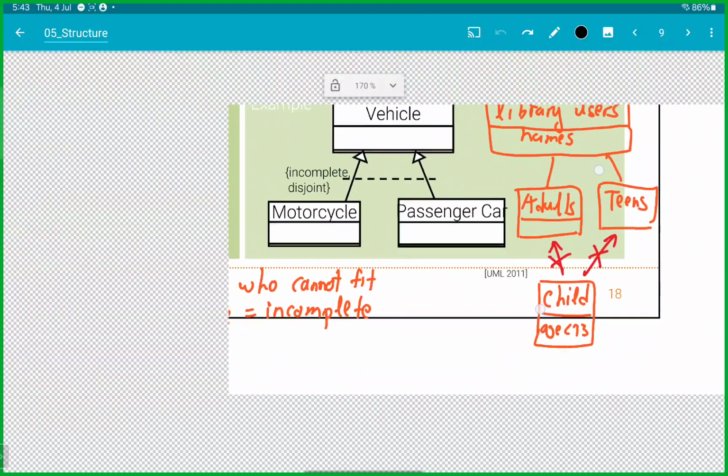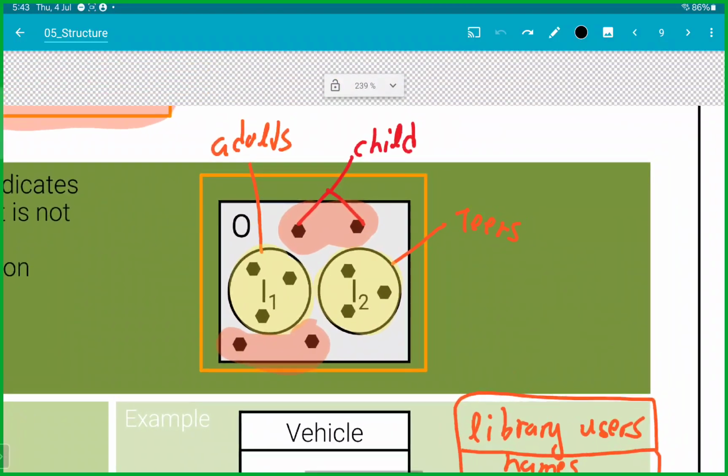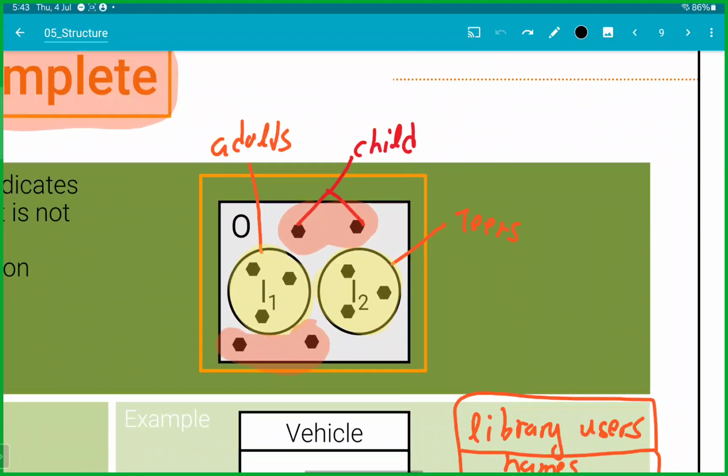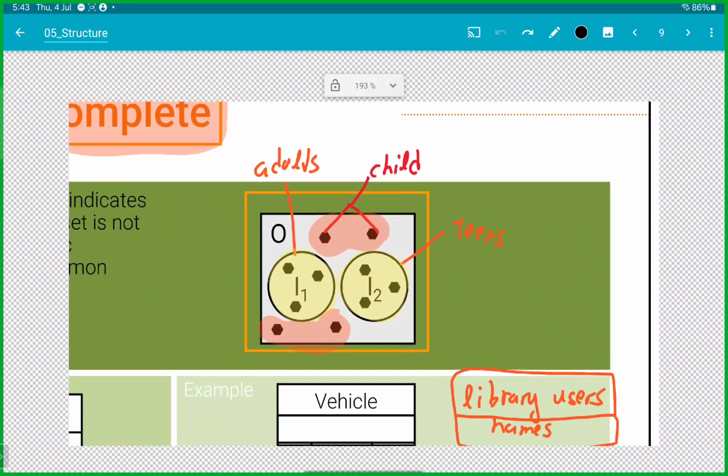Anybody who is below the age of 13 will be considered a child. However, we did not make a subclass child or children here. So therefore, these children do not belong to any of the adult or teenager subclasses. Therefore, this is called incompleteness.